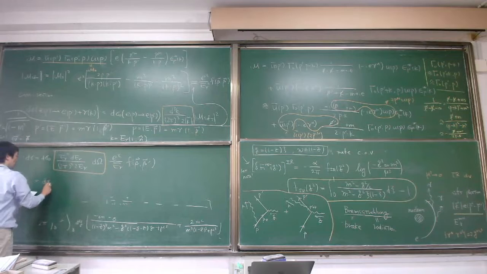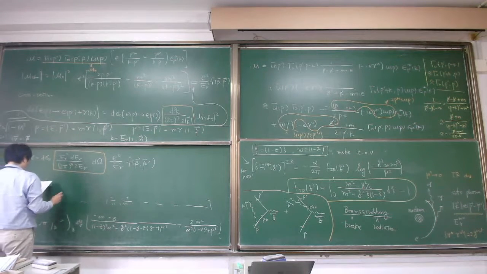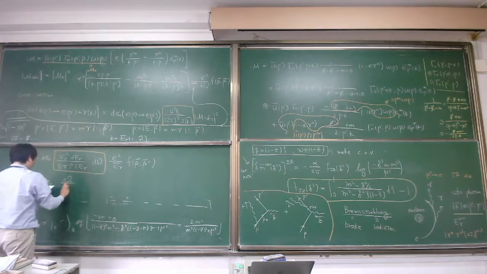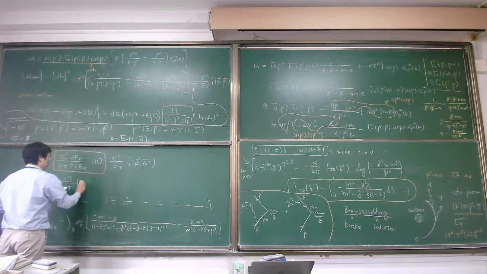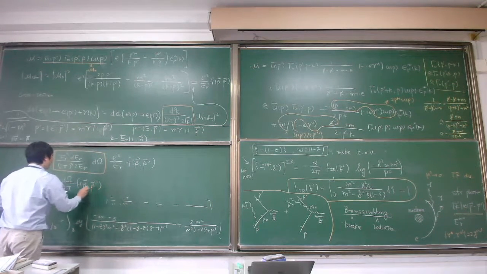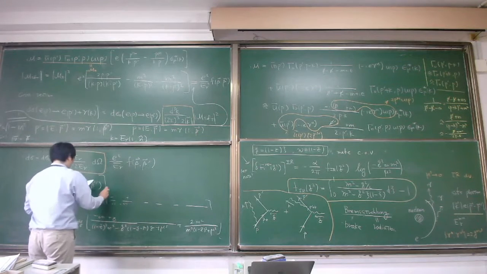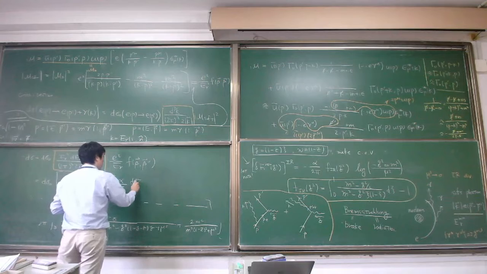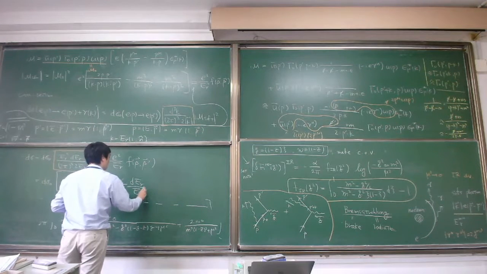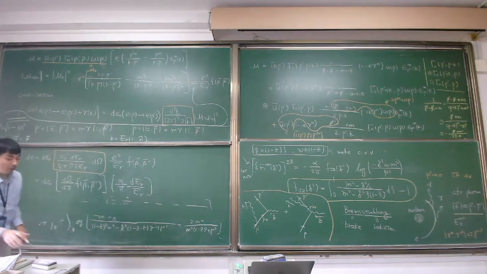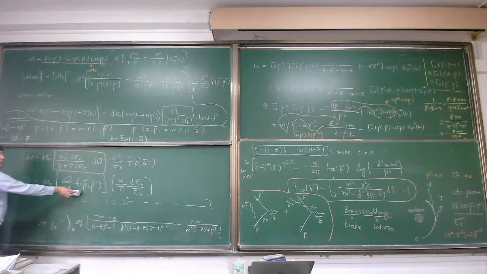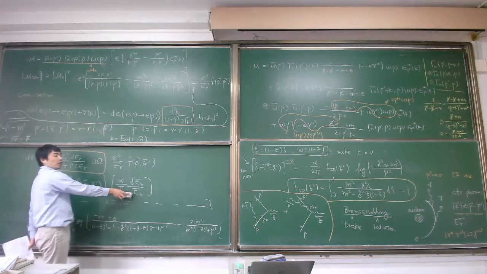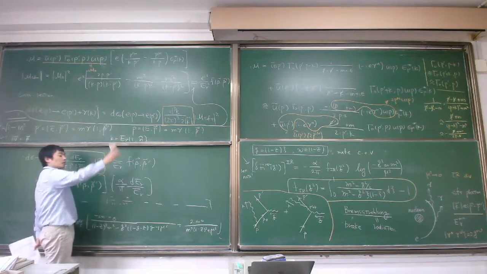So d sigma 0, d omega 4 pi f beta and beta prime, and then alpha divided by pi E gamma dE gamma. So this part is the angular dependence part, and this part is the only energy dependence part.